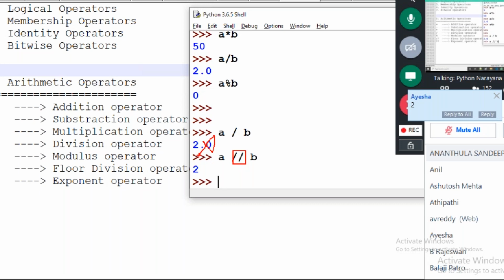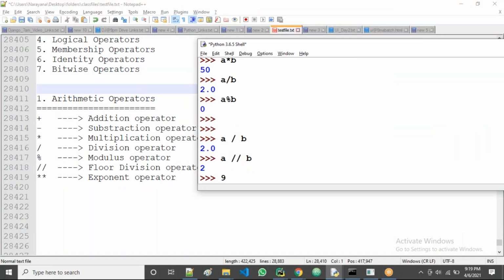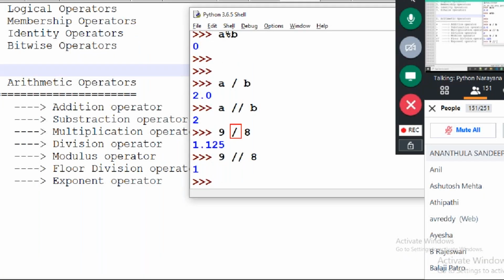For example, let's take 9 division 8, which gives 1.125. The same a floor division 8 gives only 1. In case of division, it takes both the integer and decimal value. In case of floor division, the float part is not taken, only the integer value comes.